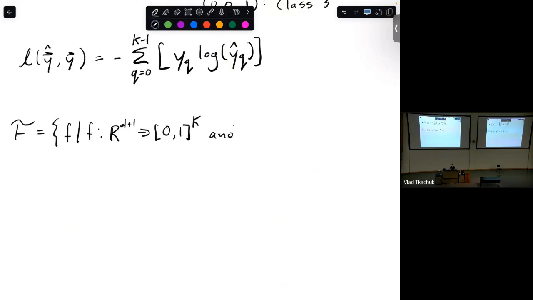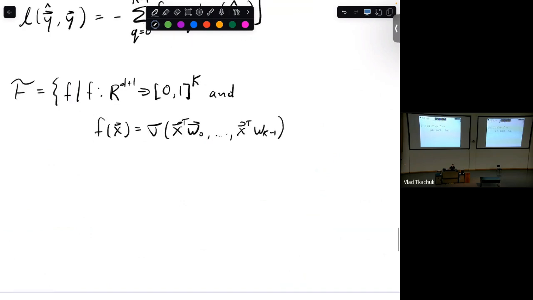And the special property is that each one of these is now equal to not the sigmoid, right, but the softmax of these w vectors, where these weights are in R^(d+1).